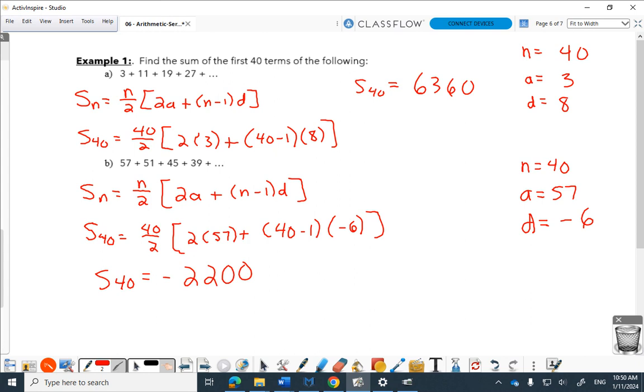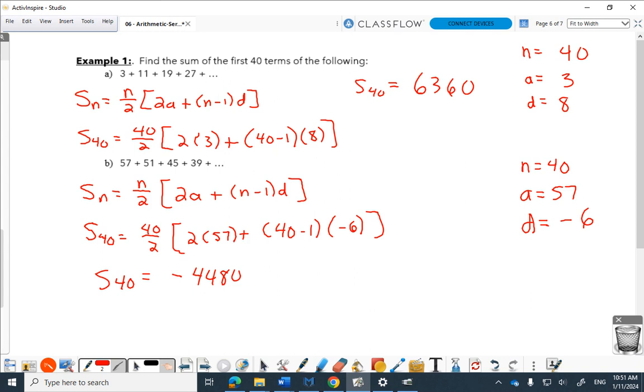Negative 224. 14. $234. Jeez. Nope. Negative 234 and 114.